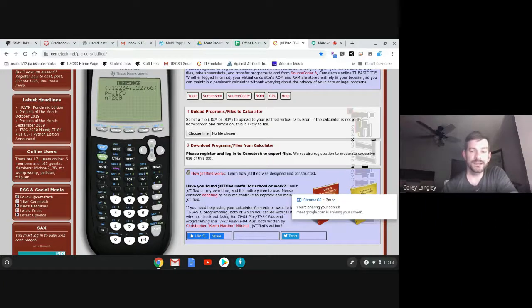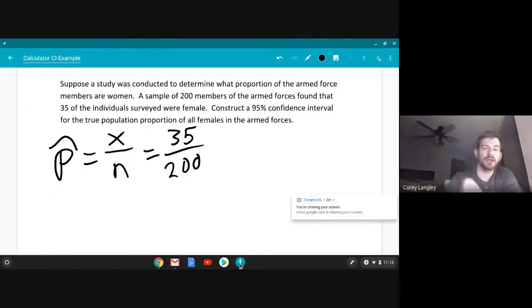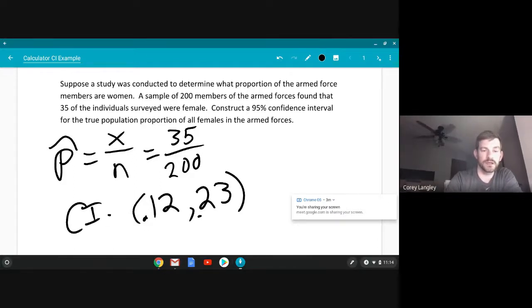So what this is saying is we are about 95% confident that the true percent or proportion of females in the armed forces is between about 12% and about 23%. And again, that's a confidence interval at the 95% level.